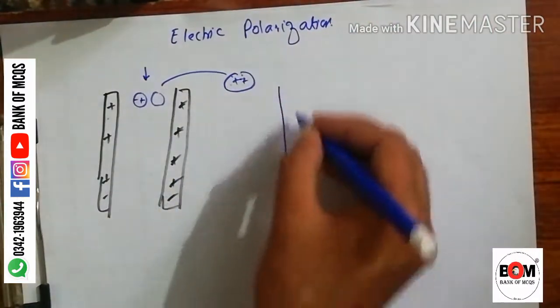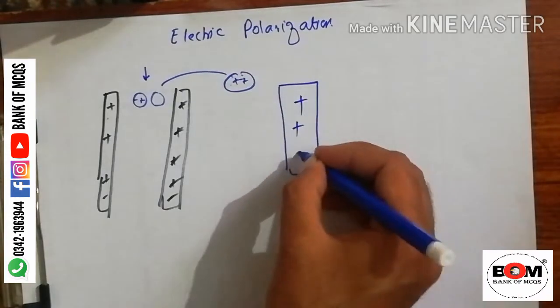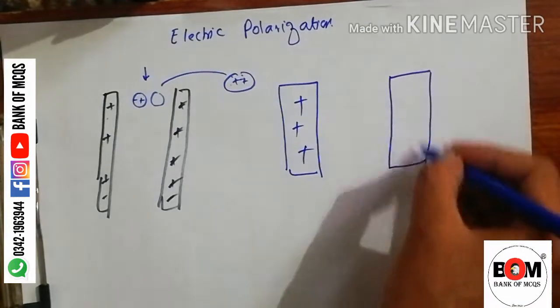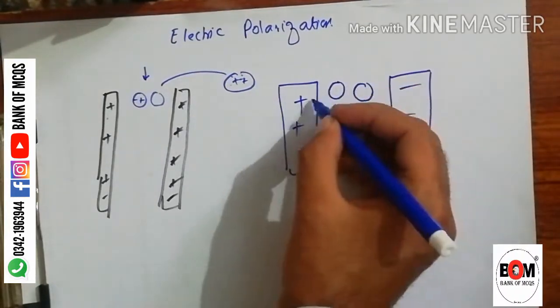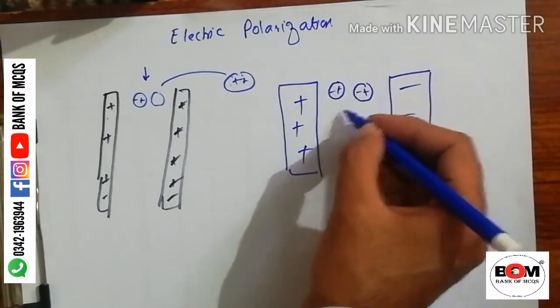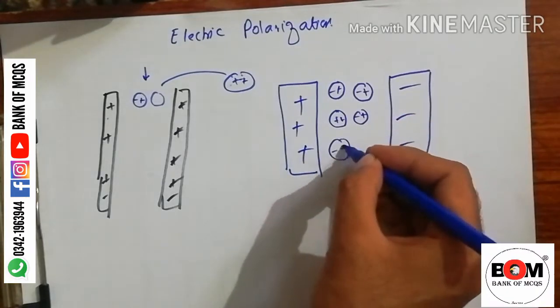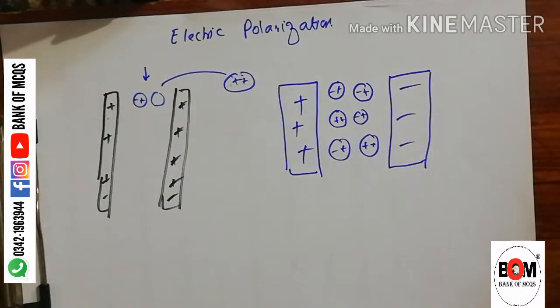Again, drawing this, if these are two plates, one is positive and the other is negative, and when a dielectric is placed between them, the positive will attract the negative and the negative will attract the positive. So negative, positive, negative, positive.